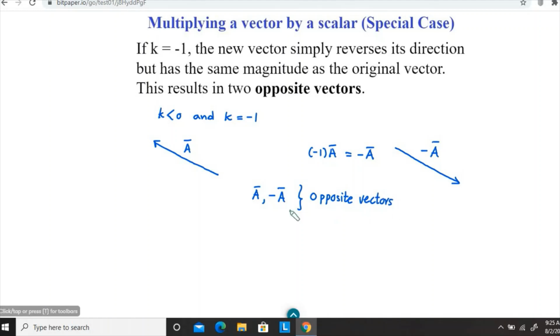Earlier we talked about equal vectors. This time we have opposite vectors. So if we take the vector sum of the opposite vectors, we can also simplify this as vector A minus vector A. We end up with the null vector or the 0 vector.